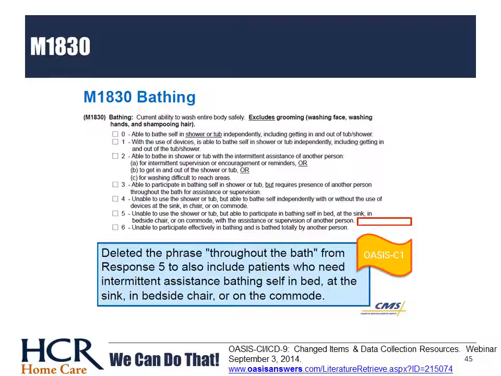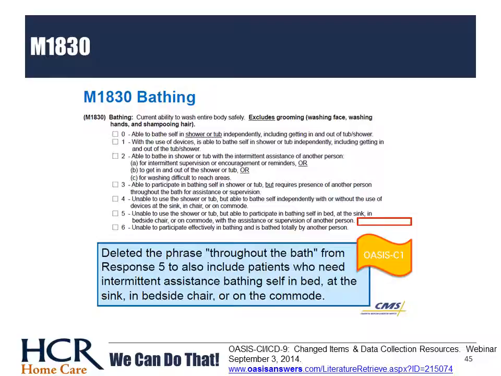It used to say, with the assistance or supervision of another person at all times, which made it unclear if the patient only needed, say, intermittent assistance, whether option 5 or option 4 would be more appropriate.